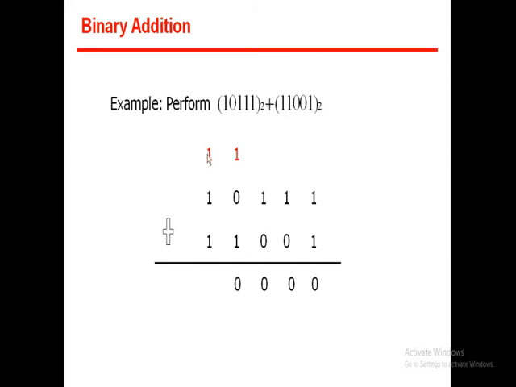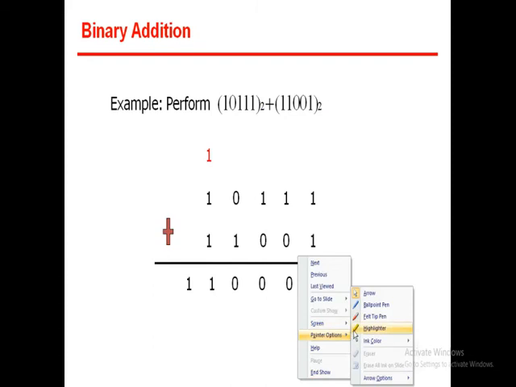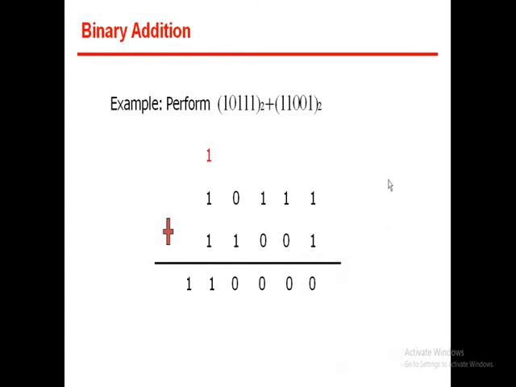So when we add two numbers, if we add 1 plus 1 plus 1, we will get 0 as the sum and there will be a carry 1.